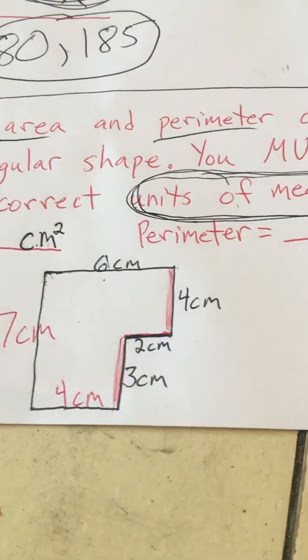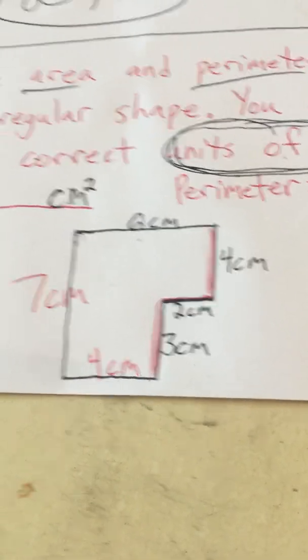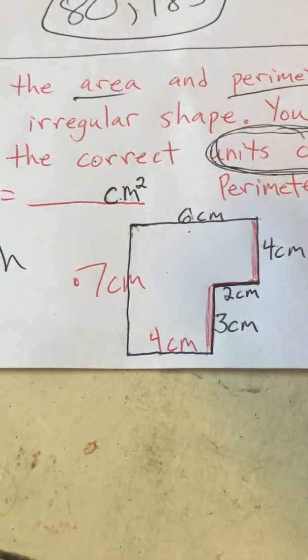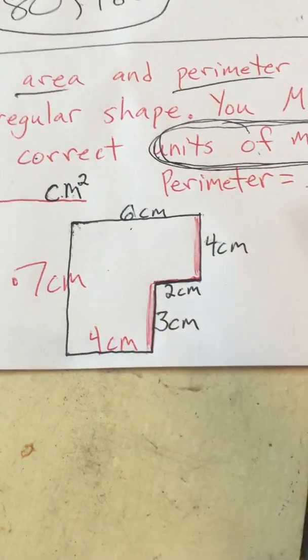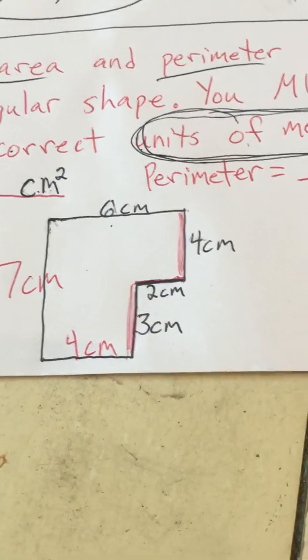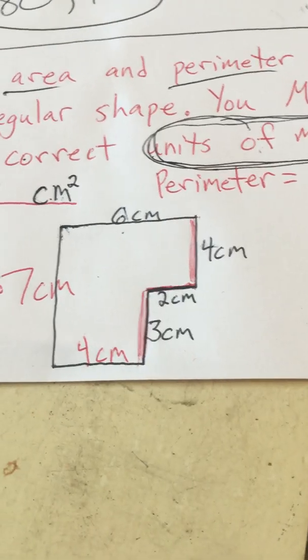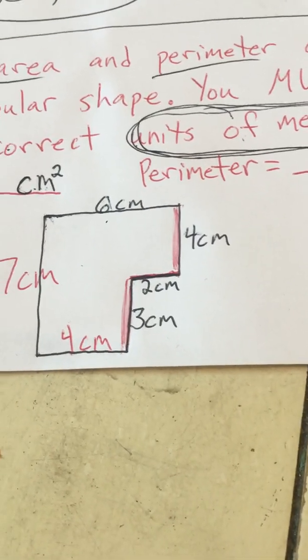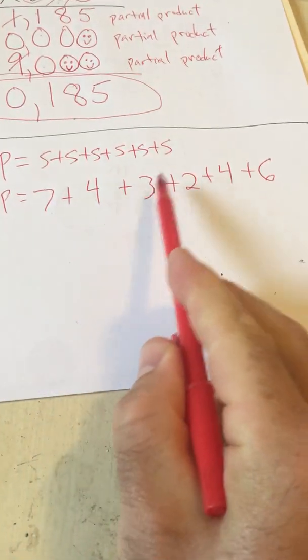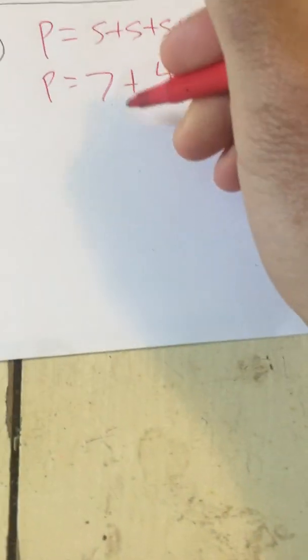Okay, so we have 7 plus 4. I'm just going to start here and go around in the circle and make sure I don't mess up. 7 plus 4 plus 3 plus 2 plus 4 plus 6. And then I'm going to make sure I have all 6 sides. 1, 2, 3, 4, 5, 6 sides. Good.